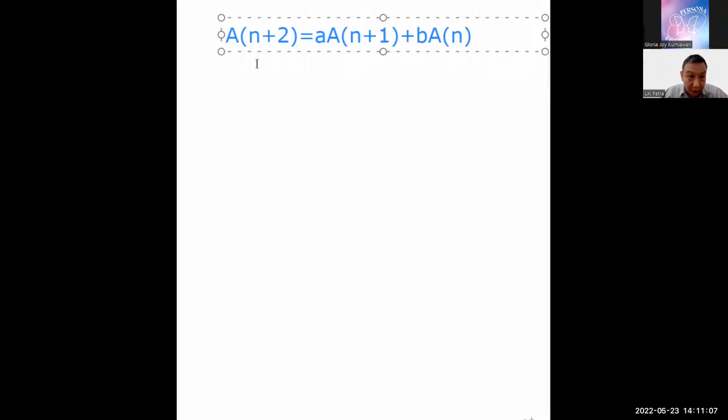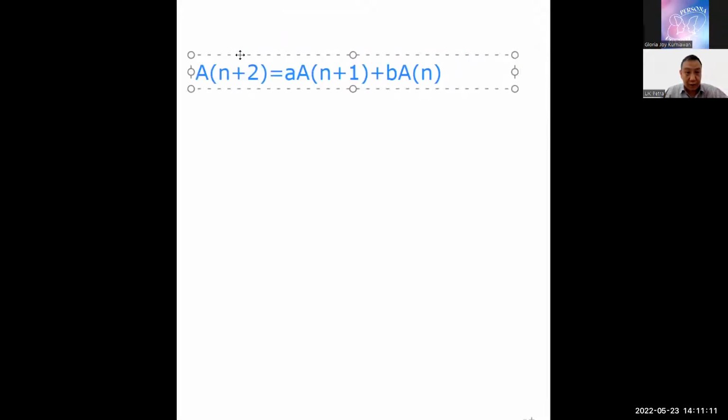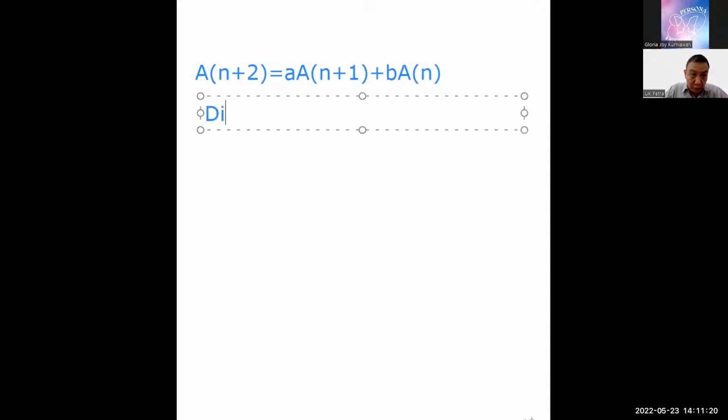This is your equation. Now, if you have distinct root, that means x1 is not the same as x2.